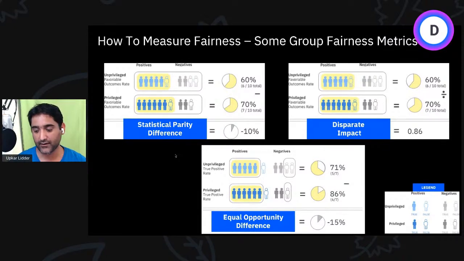By the way, with AI Fairness 360, and I don't think there's any toolkit that will, you give it a data set and it magically comes back with, oh, here's your bias and here's how you fix it. Instead, you tell it what kind of bias you're looking for, and you can look for multiple biases, and it comes back with multiple numbers.